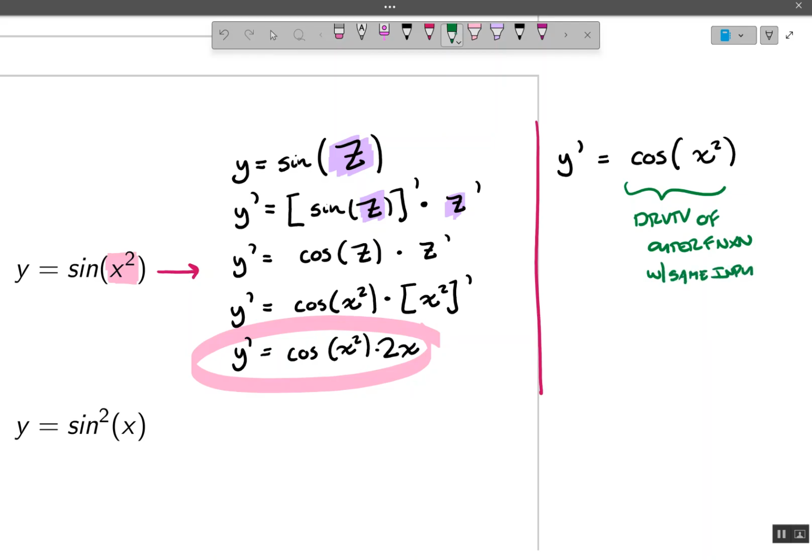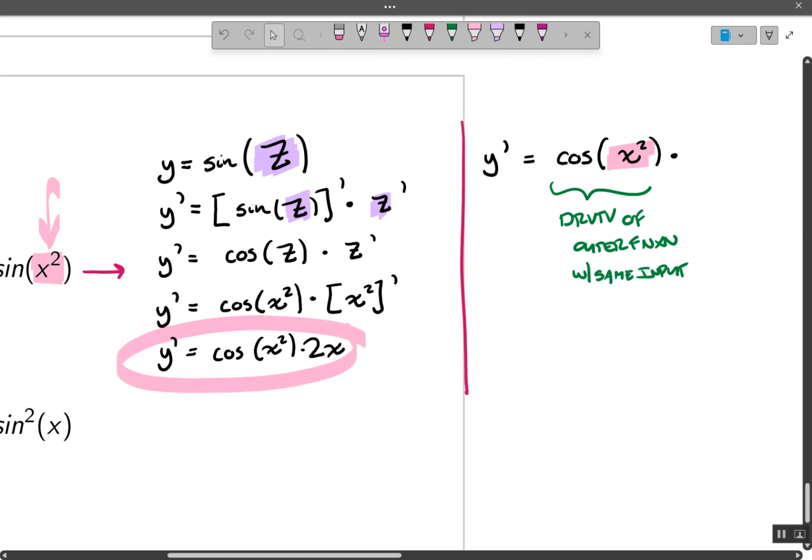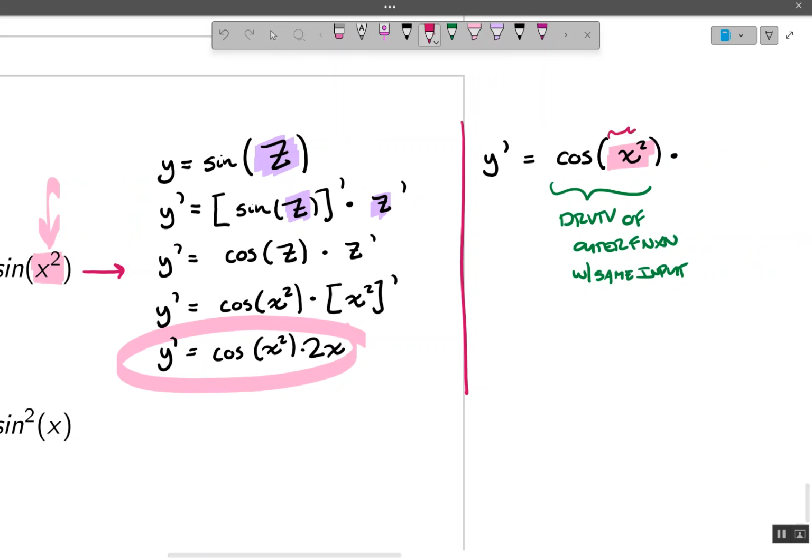We're not changing the input at all. We started off with x squared, so we'll keep it there. Times the derivative of this guy. So I take this one, and it needs to be multiplied here, but I need to find the derivative. This is the derivative of the inner function.